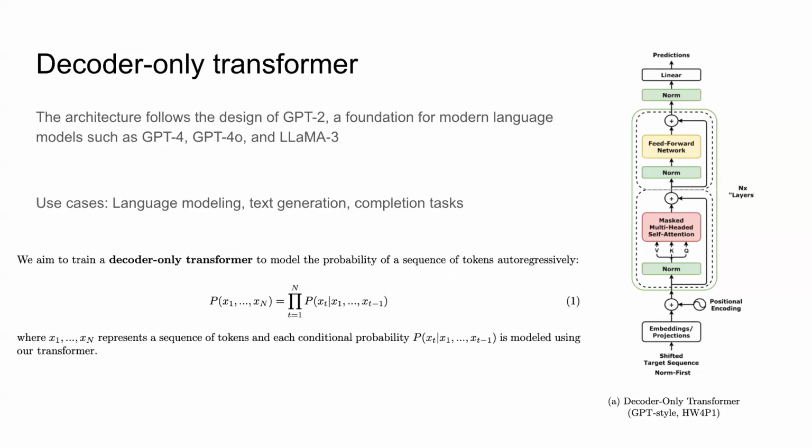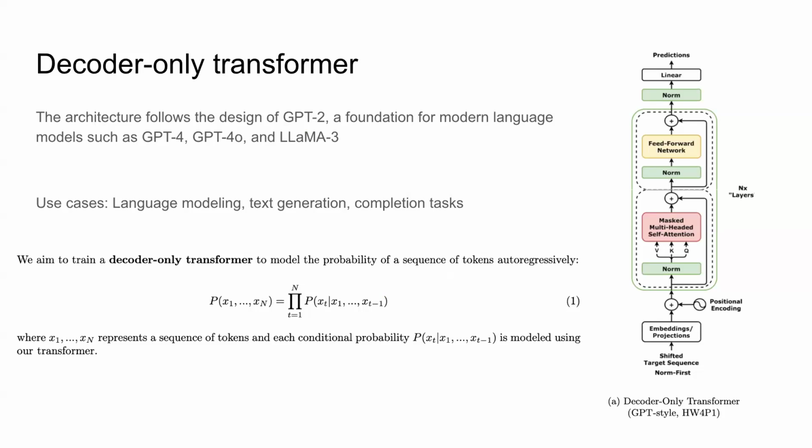The decoder only transformer is used in most modern architectures. I think except for like Google's T5, I don't remember what the model is, we all use decoder only models like GPT or Llama or Gemini or other models.